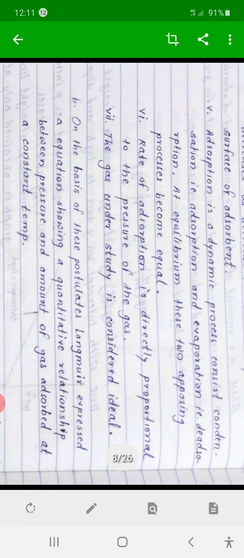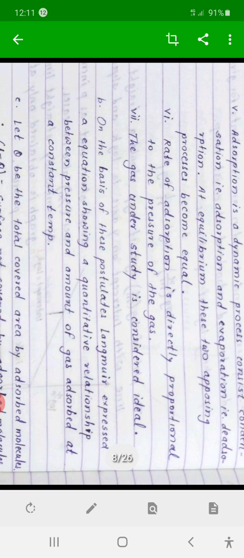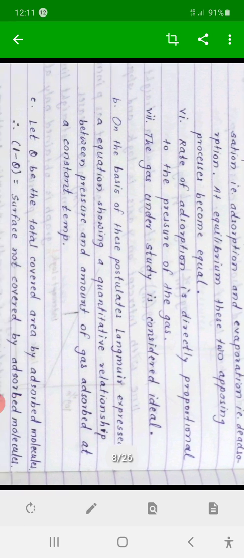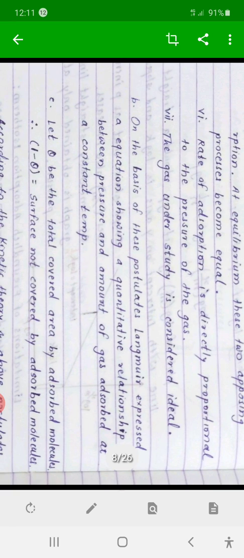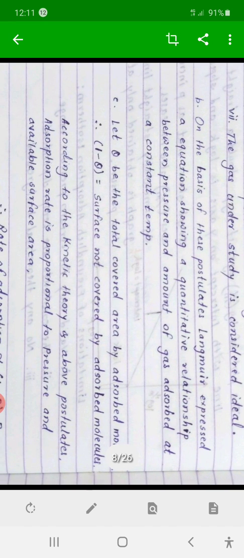Then the rate of adsorption is directly proportional to the pressure of the adsorbate gas, and the gas under study is considered an ideal gas.